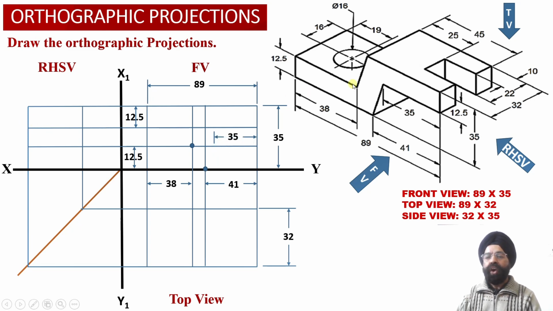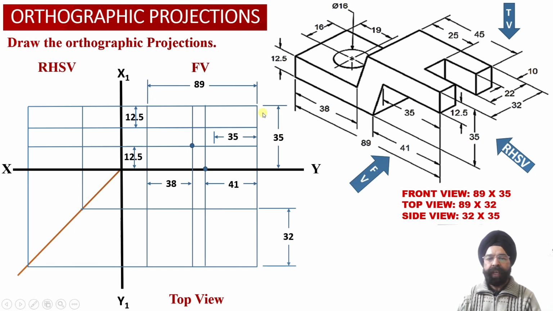Next we know that corresponding to this top surface horizontal web, there are 2 points corresponding to the element number 2, that is the inclined web, which are to be located over here into the front view projection. So now we know that at a distance of 12.5 millimeter from the top surface and at a distance of 35 millimeter from the right hand side face of the solid, we will be able to locate this point number 3 into the front view elevation projections over here.